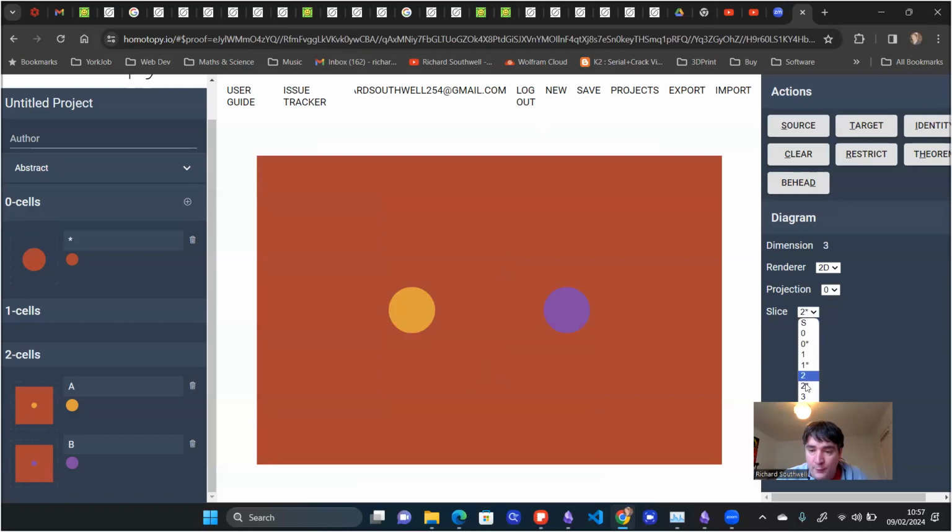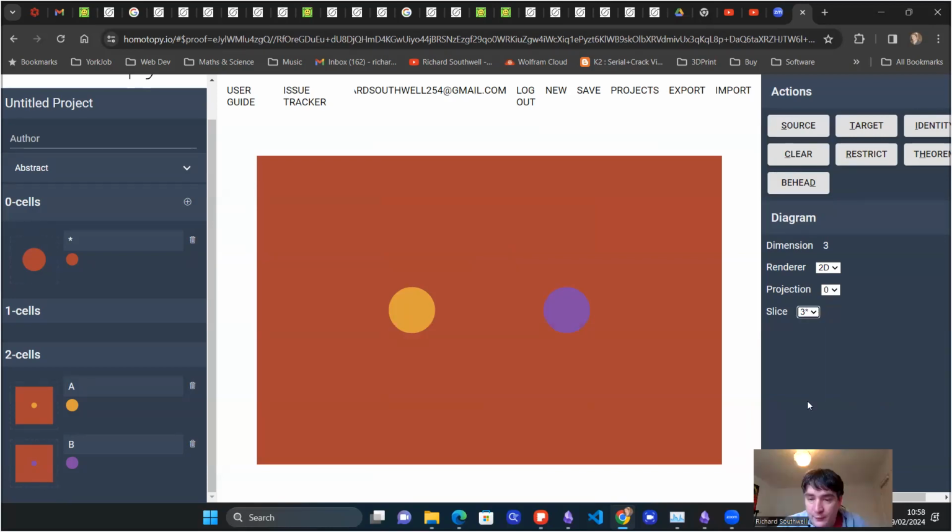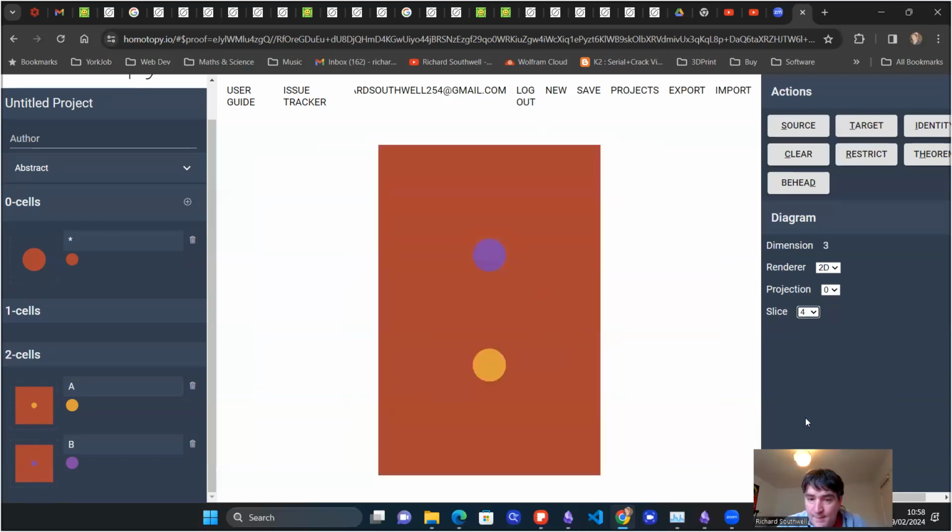What's really going on is we're looking at the world lines of these particles that are twisting around each other in time, and then we're slicing that block of time up and looking at it slice by slice.